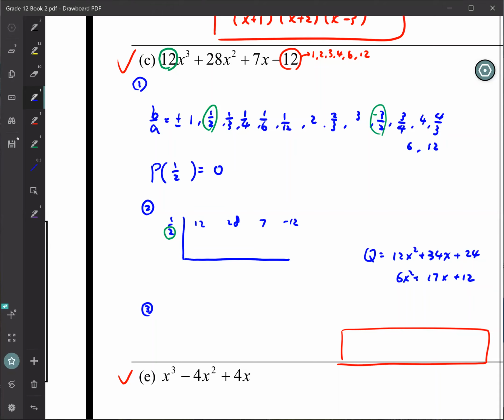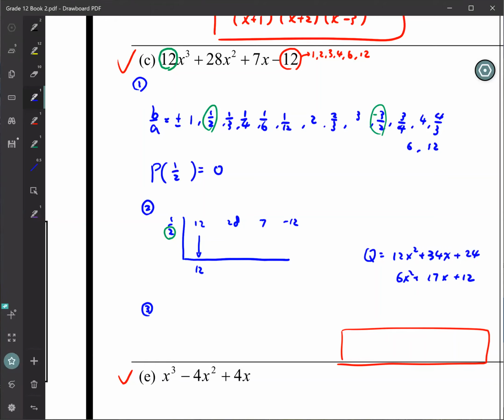Okay, so let's drop down the 12, right? So Eric, do you know if there's anything you forgot to do? Yeah, divide by 2. Yes, okay, so be careful there. We have a fraction in the divisor, right? In the number outside, you have to remember to divide.